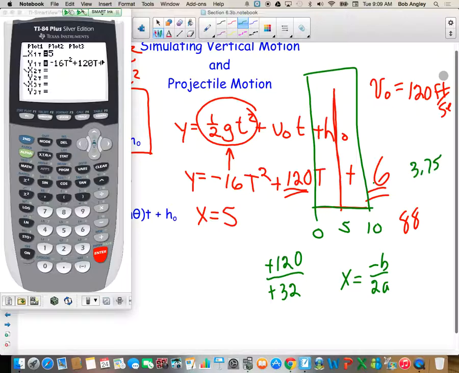Okay, Michael, have you got those in already? Yes. Okay, then I want you to go vars and then y vars, and then number 2, or whatever parametric is. I believe it's number 2. Yes. All right, and then go y1t. Just press that one. All right, and then put a parentheses and put 3.75.